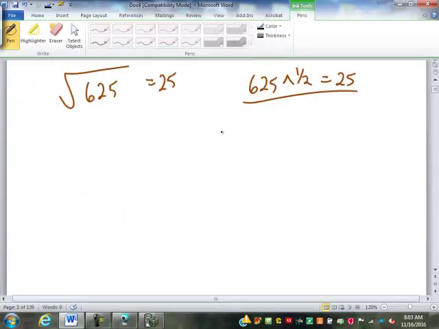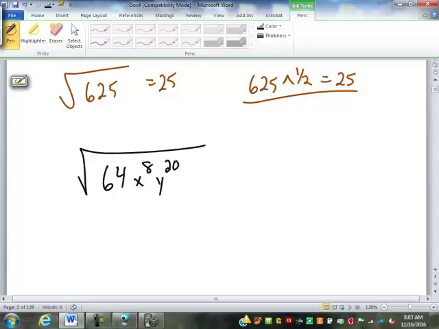So if I have the square root of something like this. What's the square root of 64? 8.